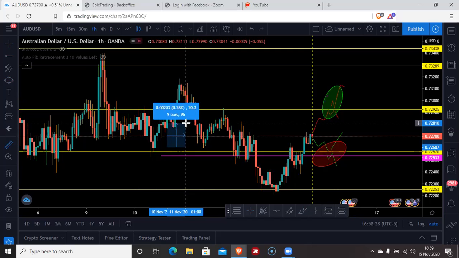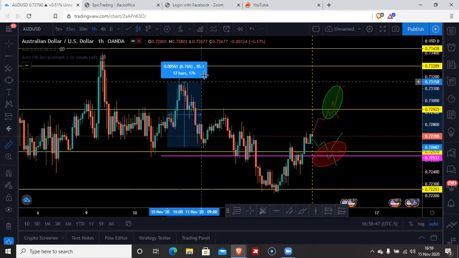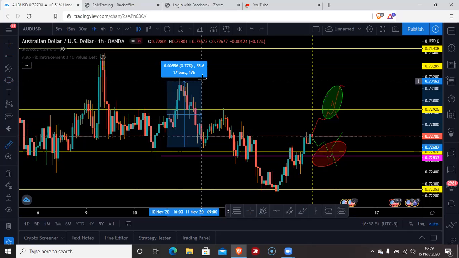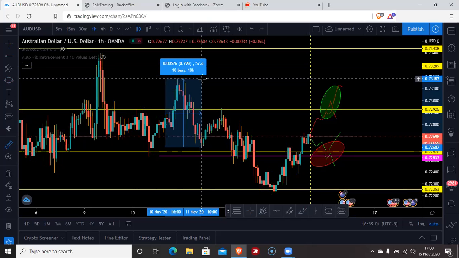But then you could have had a second position running at the same entry to where you could have just let it run and you would have actually ended up catching this whole move. Or you could have taken profit anywhere within here, whatever you felt comfortable with, because each candlestick represents an hour. So we enter right here.